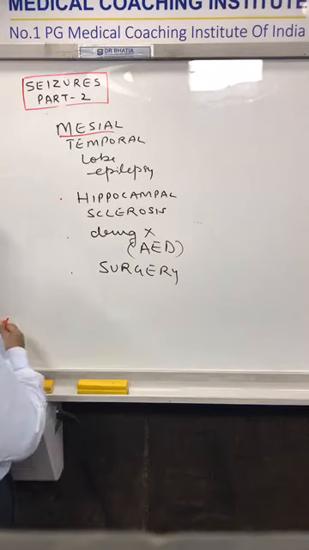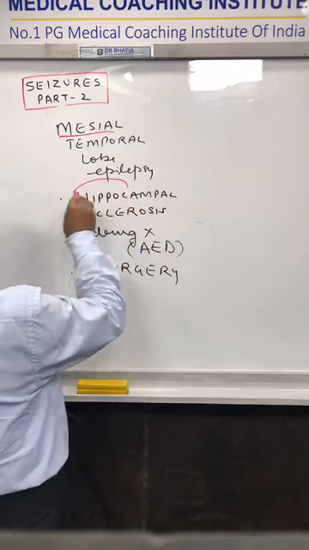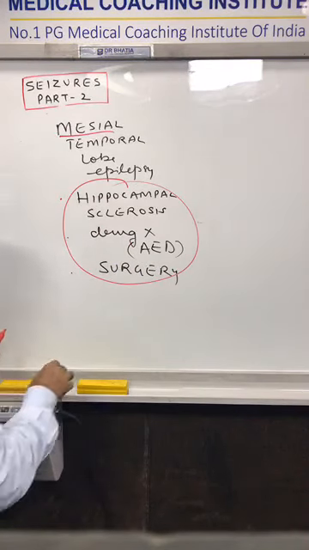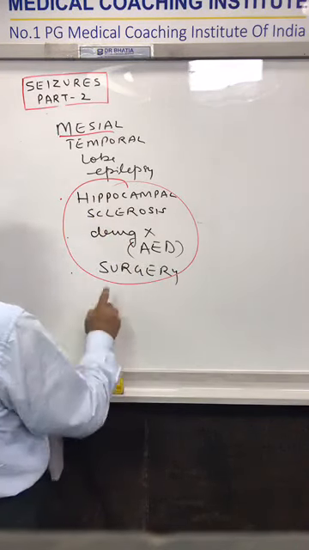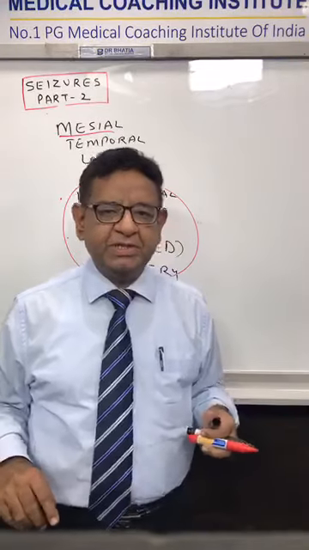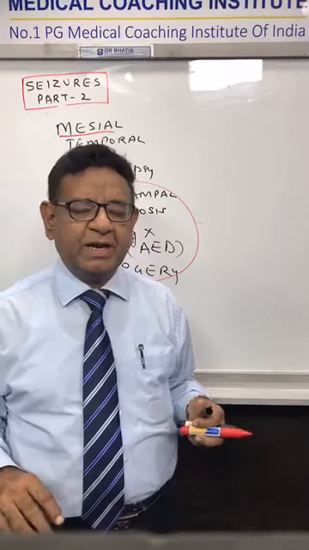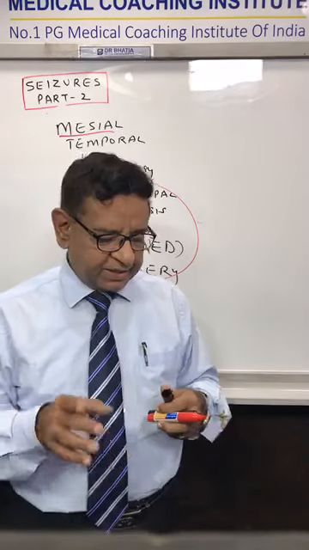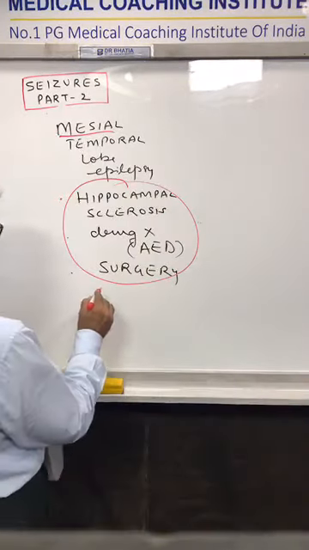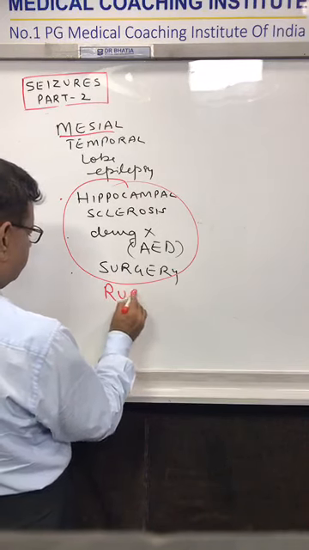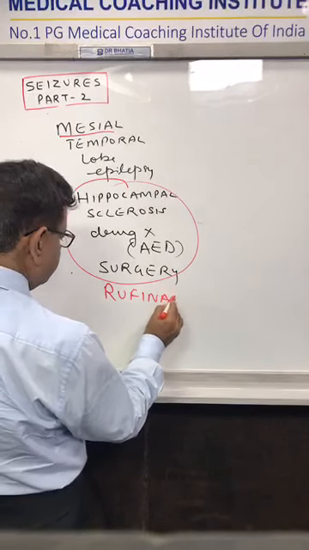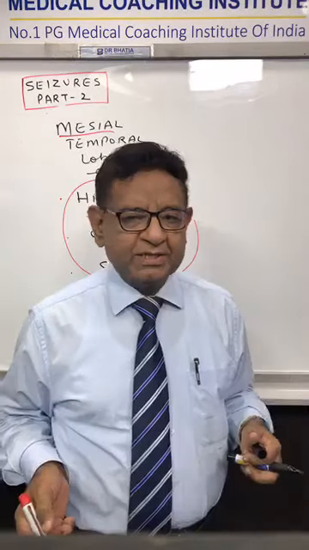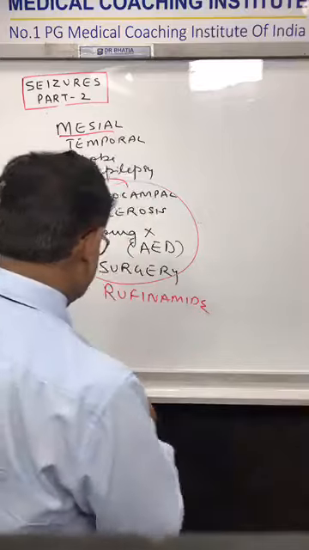In fact, this is a very frequent exam question. So this patient you treat by surgery. As far as Lennox-Gastaut syndrome, the new drug is rufinamide. And juvenile myoclonic, they respond very well to valproate.